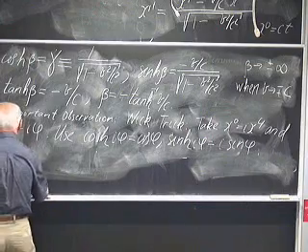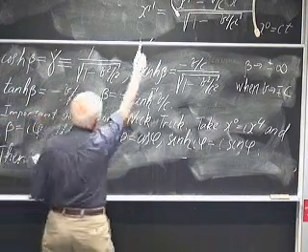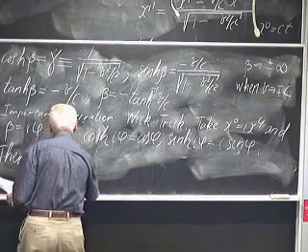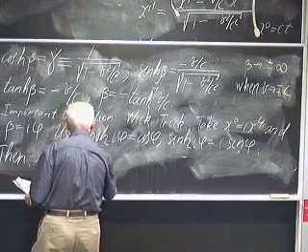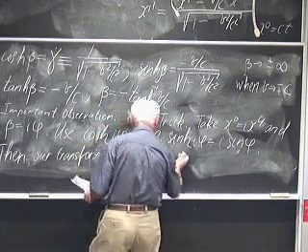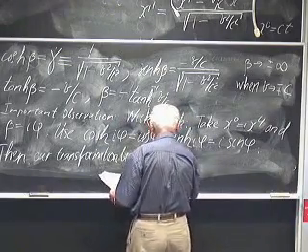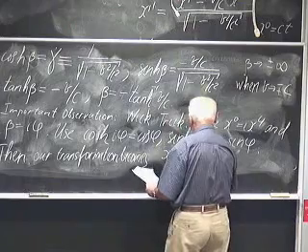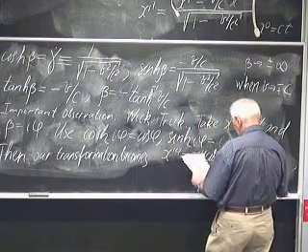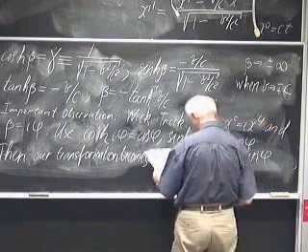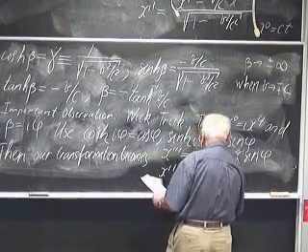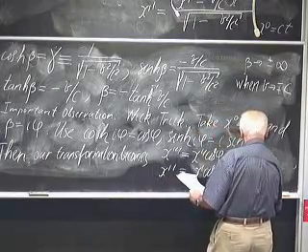Then our transformation becomes of the following form: x'4 equals x4 cos phi plus x1 sin phi, and x'1 equals x1 cos phi minus x4 sin phi.